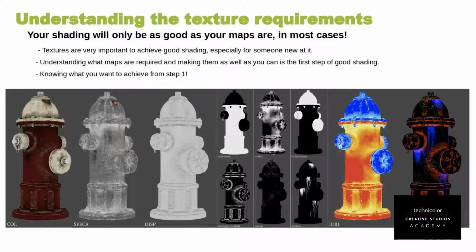So the blacks would be the rough parts and the whites would be the shiny parts. That's in a gloss and a spec map, but there's a spec R map, right? And in some cases, you might also want to create an ISO metal map. In this case, I've not done that, but I've created something similar called conductive metal ISO. So I shall go through that in just a bit.